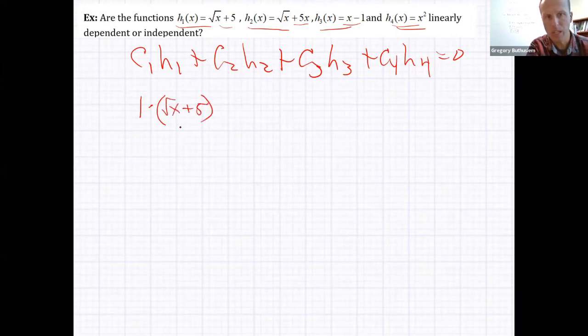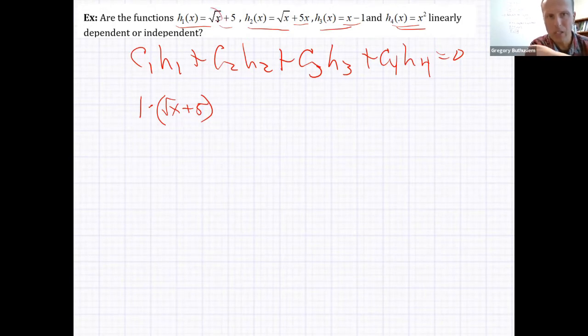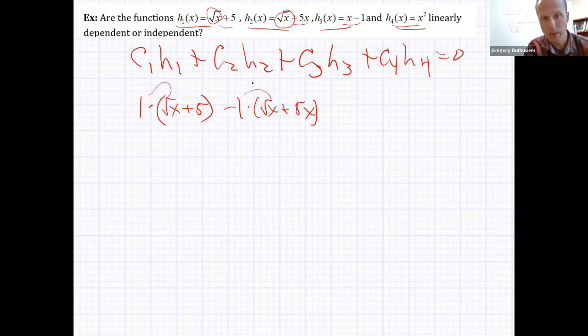In order for that to cancel out, I need this square root and this square root to cancel each other, so C2 is -1, giving minus square root of x minus 5x. Now the square roots of x cancel those two pieces out. I have a 5 here and a -5x.